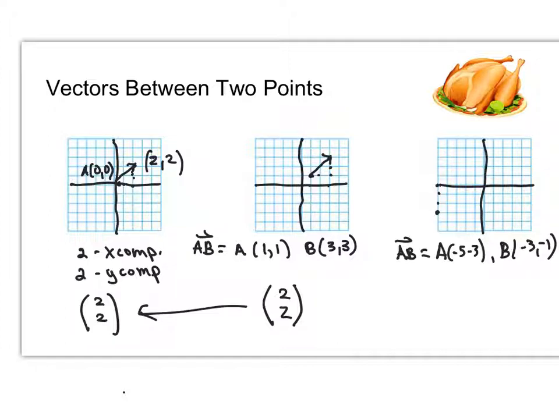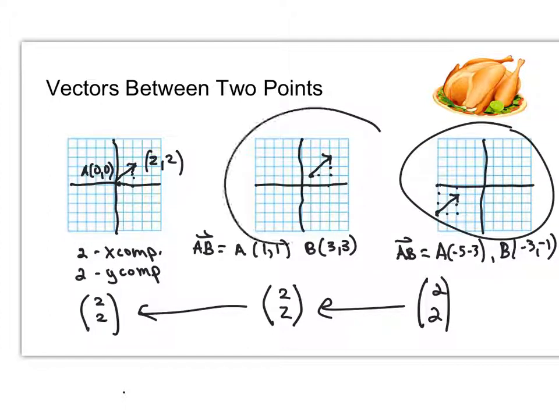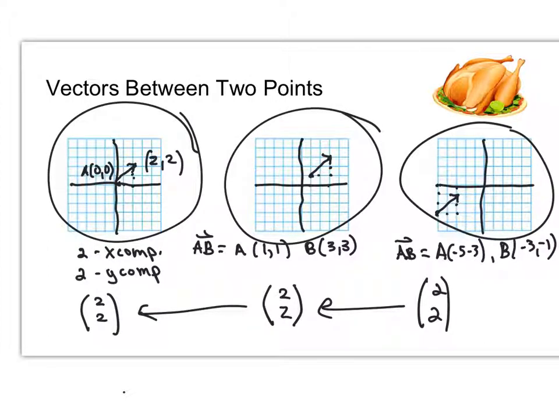So it starts here, and then it ends at point B, so that's -3, -1. And I draw that in. Okay, if I want to find the x component, I go 2 to the right. The y component is up 2, and you'll see that the x and y components are 2 and 2, just like my other 2 vectors. So all 3 of these vectors are equal to each other. And you can look at them and see that they are all equal too.